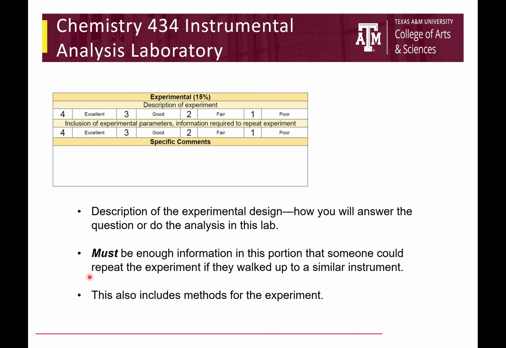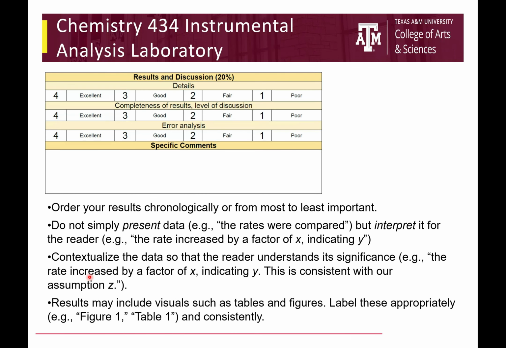You have to know what flow rate you used, what solvent composition. And by solvent composition, I mean the ratio of methanol to the buffer and what the buffer was, pressure, things like that. So anything that somebody needs to know. This also includes the methods for the experiment, and so we're considering that in this section too.